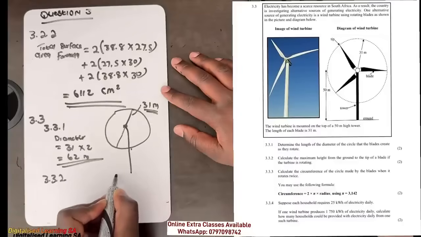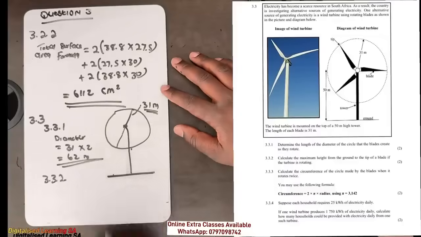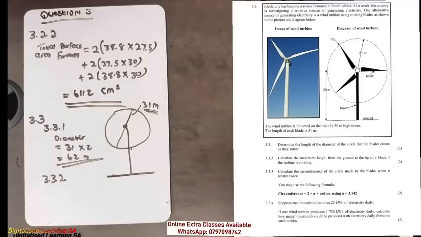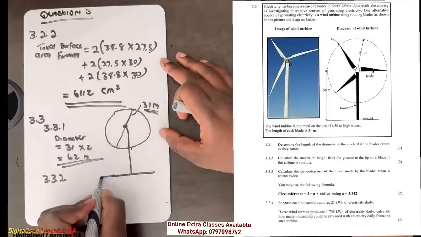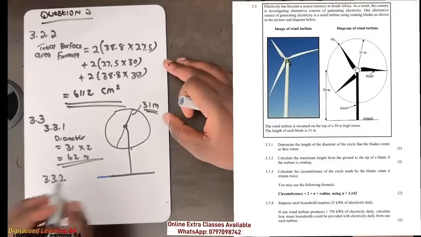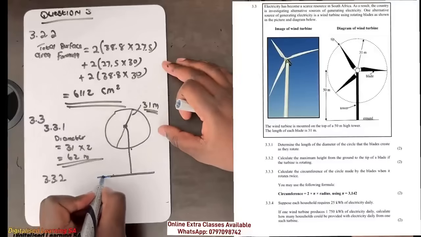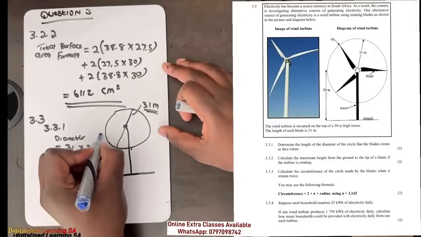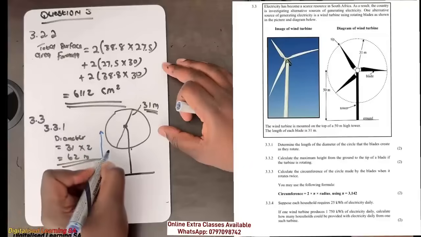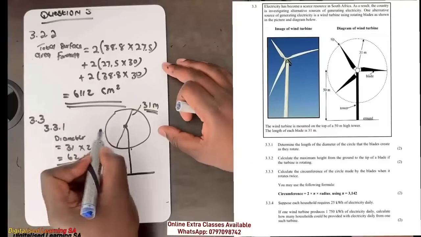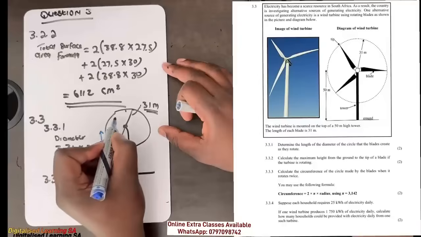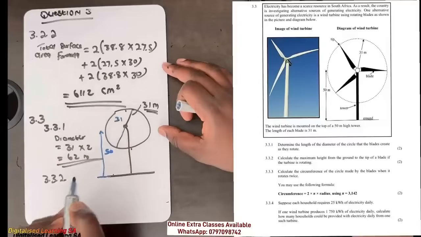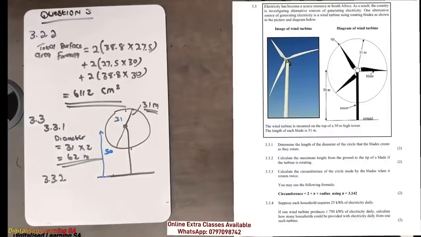From the ground, on the picture that we are given, we can see that from the ground to the center is 50 meters, and from the center to the top is 31 meters. So to calculate the maximum height, we just add the 2.